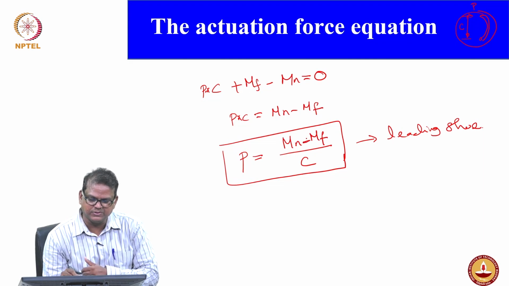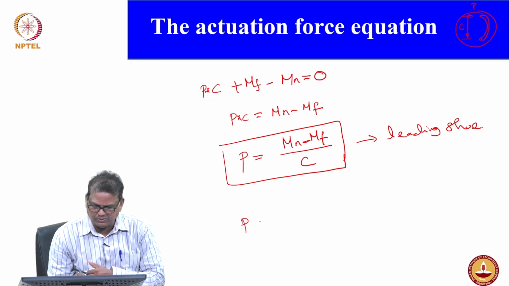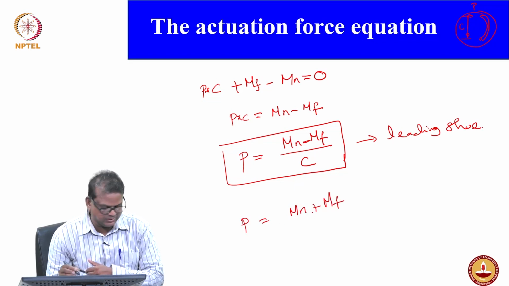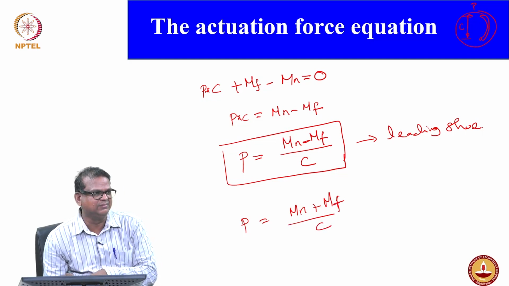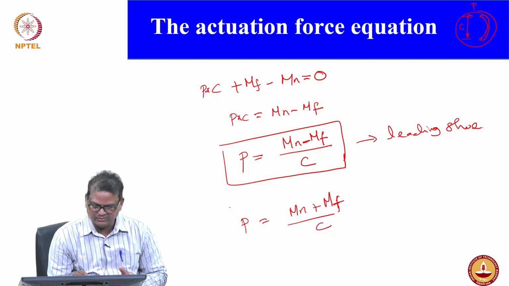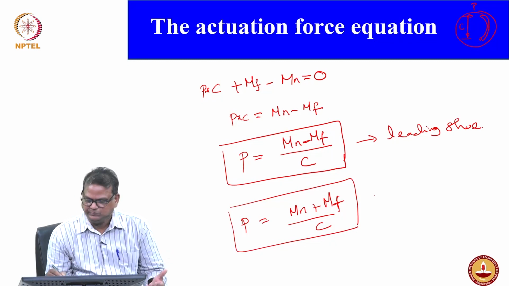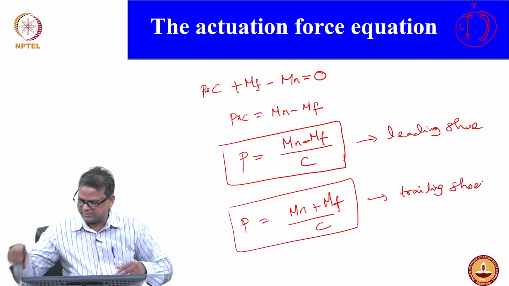The friction force changes direction, so obviously P equals Mn plus Mf divided by C. You can see that Mf is adding for the trailing shoe, which means you have to apply more effort. This is for the trailing shoe aspect.